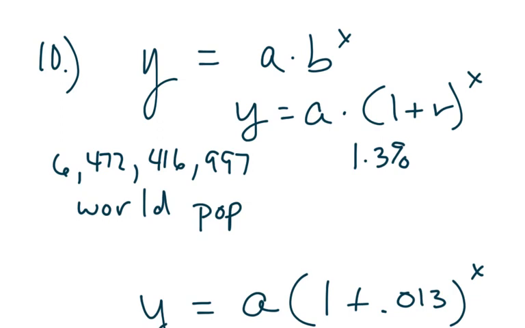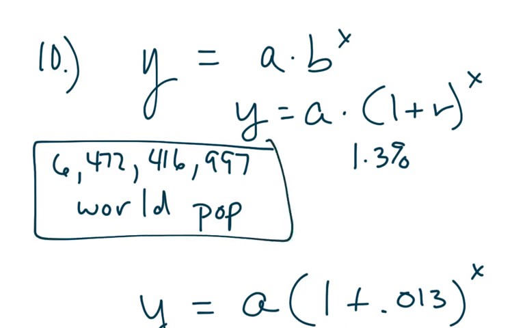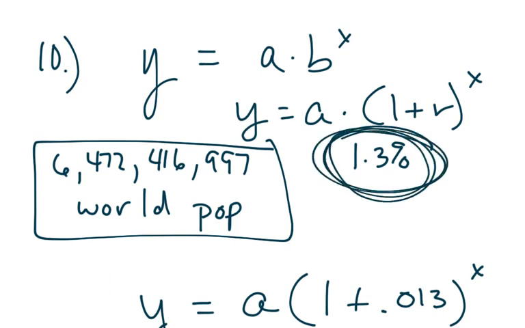So now for problem number 10, it's a story problem. It gives you some information. It tells you the world population, 6,472,000,000. It also tells you the population growth rate, that's what this is. We're growing at 1.3%, all right?